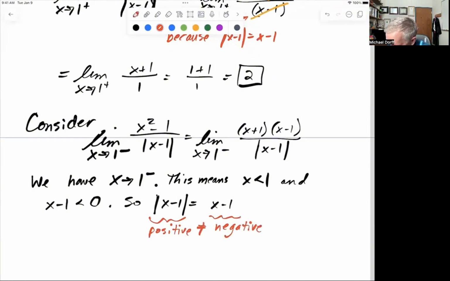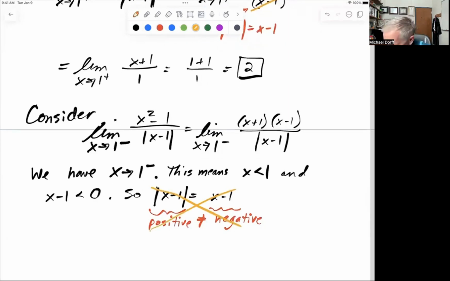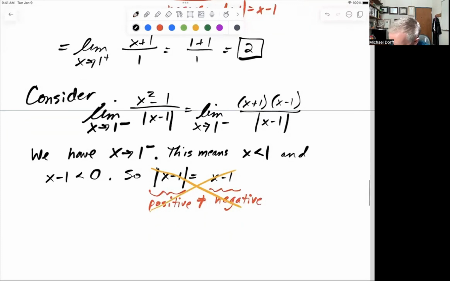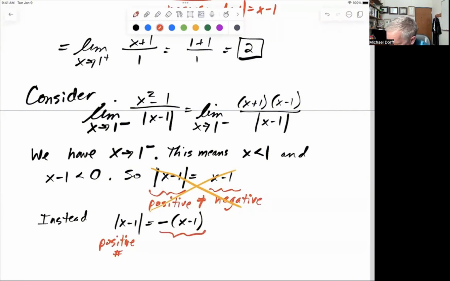So what I have to do, so no one tells me later that I made a mistake there, is not say that they're equal to each other. Instead, what we get is that the absolute value of x minus 1 is going to equal the opposite of x minus 1. Because now this is a positive number, and this whole thing is the opposite of a negative number, which is a positive number.